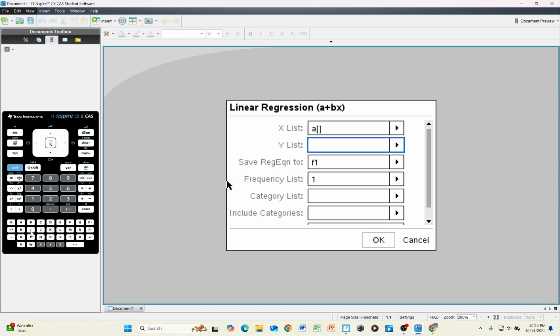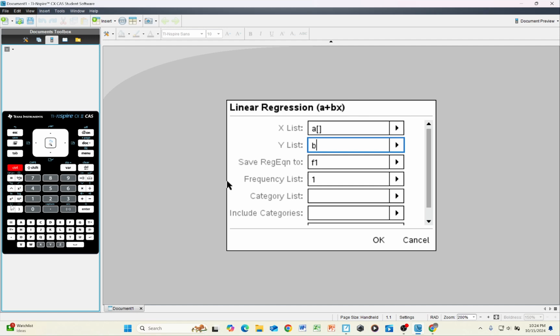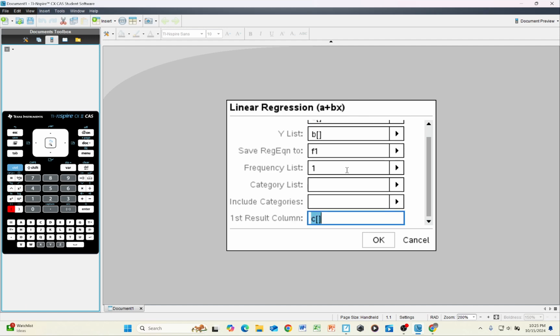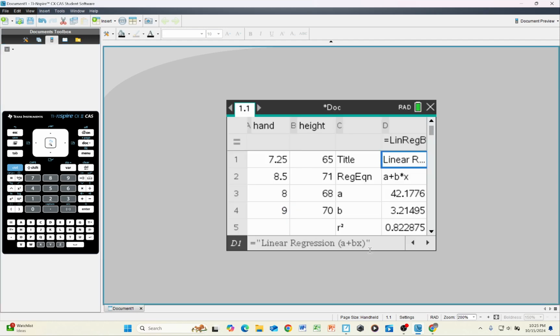And we're going to do B, control, parentheses, puts the brackets in. So you should have x list of A, y list of B. I'm going to scroll down to the bottom, and all the way down here it says first result column C, because you want to dump the results after your lists. Just hit OK, and here you go.